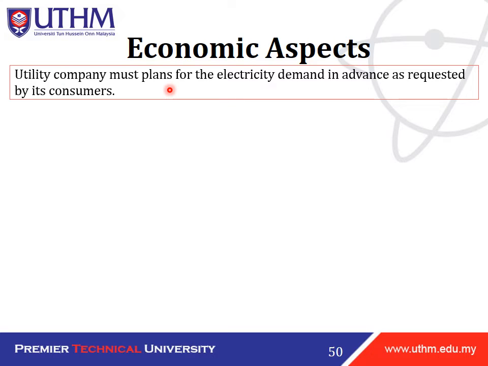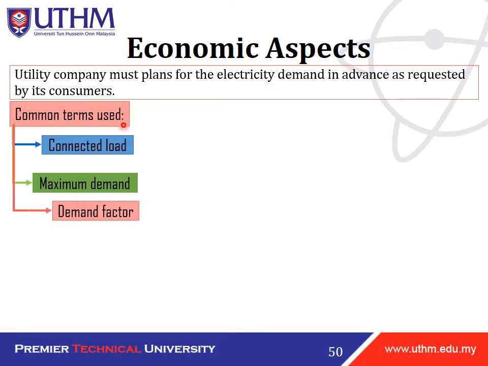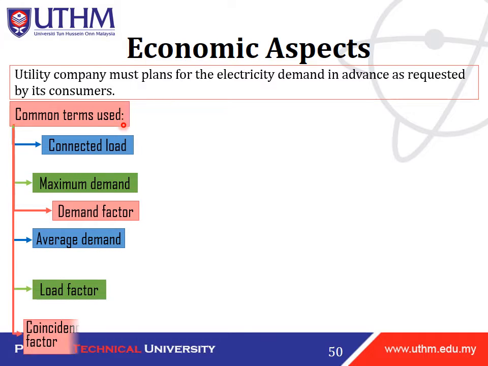A utility company must plan for the electricity demand in advance as requested by its consumers. Some common terms used are connected load, maximum demand, demand factor, average demand, load factor, and also coincident factor.